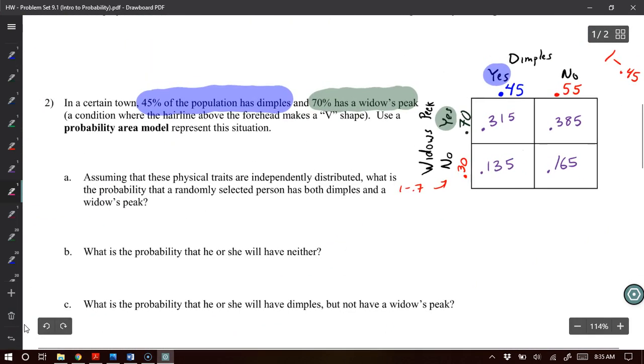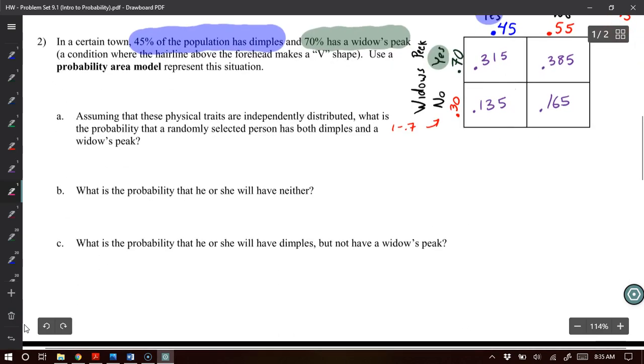If I look at part B, what is the probability that a randomly selected person will have neither?